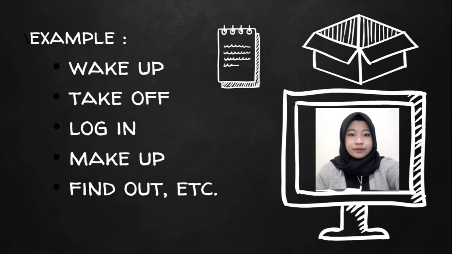For example, wake up, take off, log in, make up, find out, etc. In this example, wake is the verb. So the first word is wake, which is verb, and the other word is up, which is preposition. Same applied to the rest of the examples.